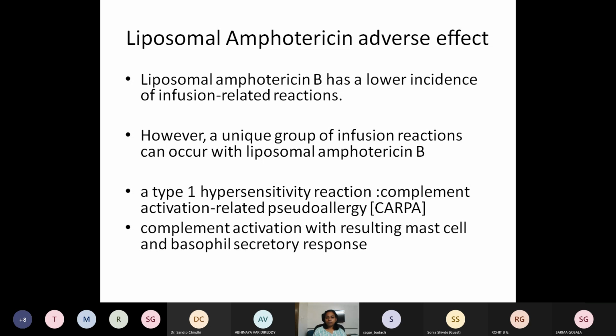But there is one side effect that we need to be aware of with liposomal amphotericin. Although the infusion-related reaction per se is less, there is one group of infusion reaction that can occur, a type 1 hypersensitivity reaction. This is a complement activation-related pseudo-allergy called CARPA. Here there is a complement activation, because of which there's a mast cell and basophil secretory response.